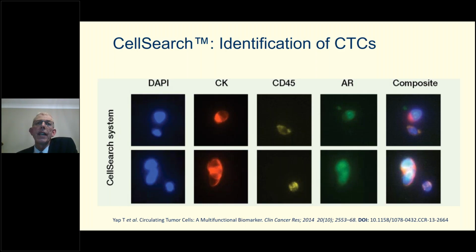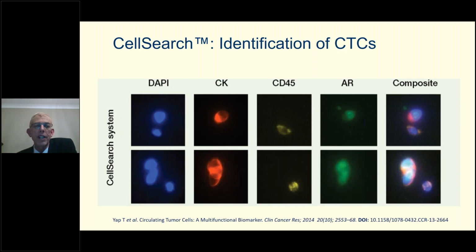And what we can see, which is quite useful for us, is that if we compare the DAPI with the cytokeratin stain, the cytokeratin is verifying the identity of, at least in the upper panel, one circulating tumor cell.